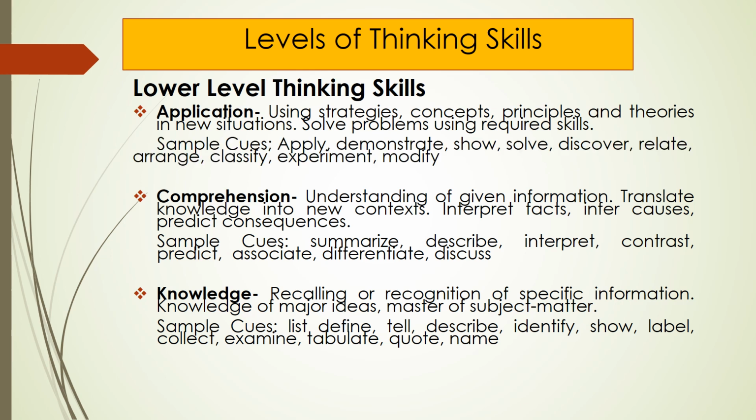Lower level thinking skills include the following: knowledge, that's recalling or recognition of specific information; knowledge of major ideas; mastery of subject matter. The sample cues that you can use are list, define, tell, describe, identify, show, label, collect, examine, tabulate, quote, and name.